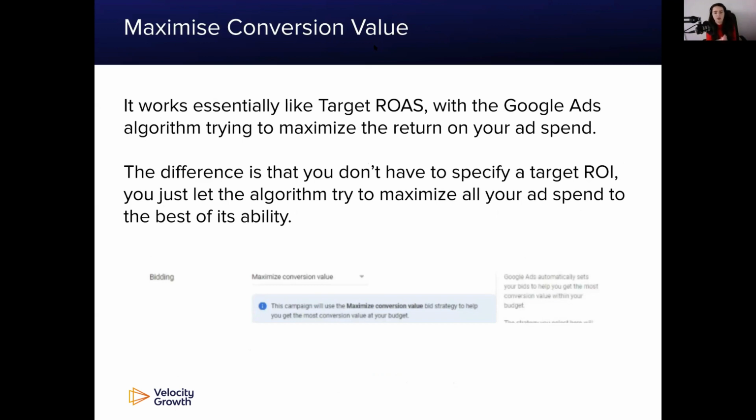If I give you $50, Google, you're going to try to get me the most money back possible for that $50. The difference is that you don't have to specify a target return on ad spend or return on investment in this instance, in comparison to target return on ad spend. You are just letting the algorithm try to maximize all of your ad spend to the best of its ability.